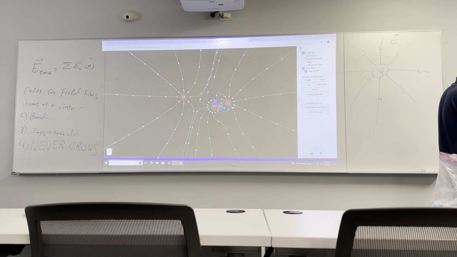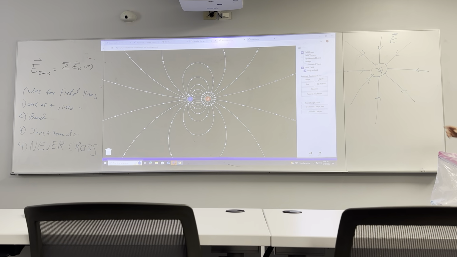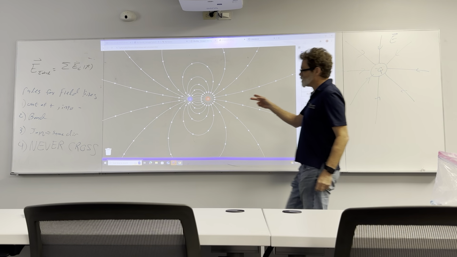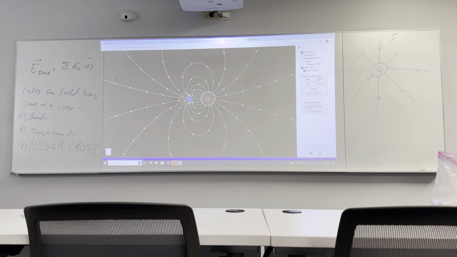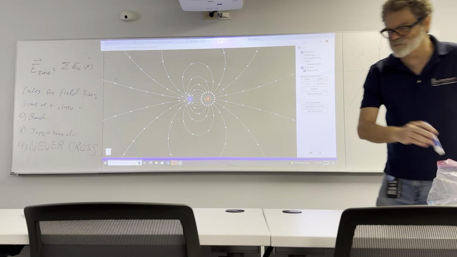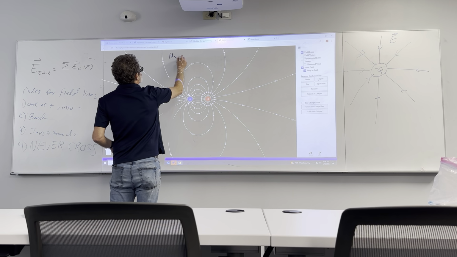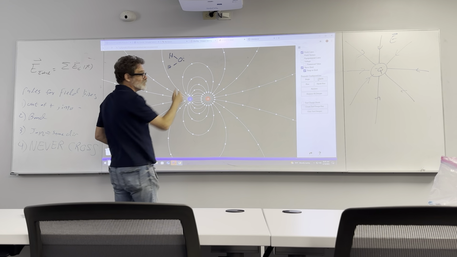Okay, let's look in detail at the dipole, because the dipole is a very important pattern. A positive charge next to a negative charge, equal and opposite charges. So this is like water, right? Did you guys talk about water in chemistry yet? H2O, it's a dipole, right? Hydrogen, a couple of extra electrons over here, right?